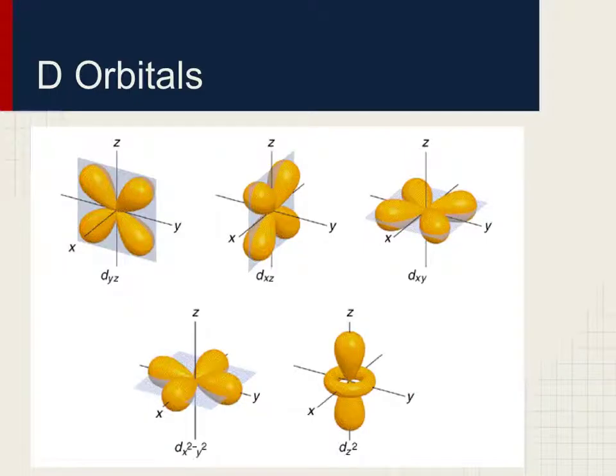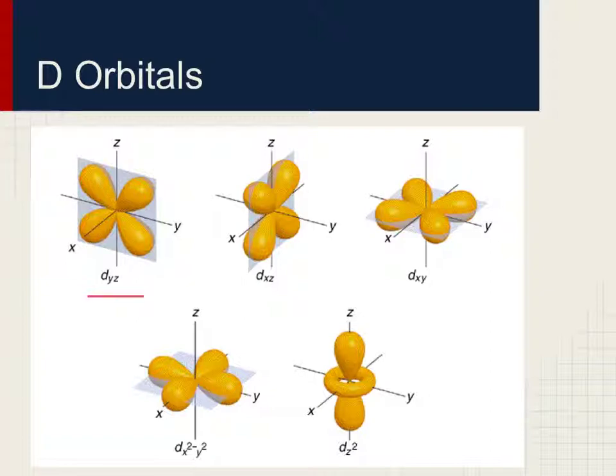Now I won't have you draw these because they're much more difficult to draw in 2 dimensions, but these are d orbitals. D orbitals sort of look like p orbitals, but they're a little bit more complicated. We see the shape of a d orbital looks like a p orbital, but almost doubled. And as you can see, they take place in sort of a plane.